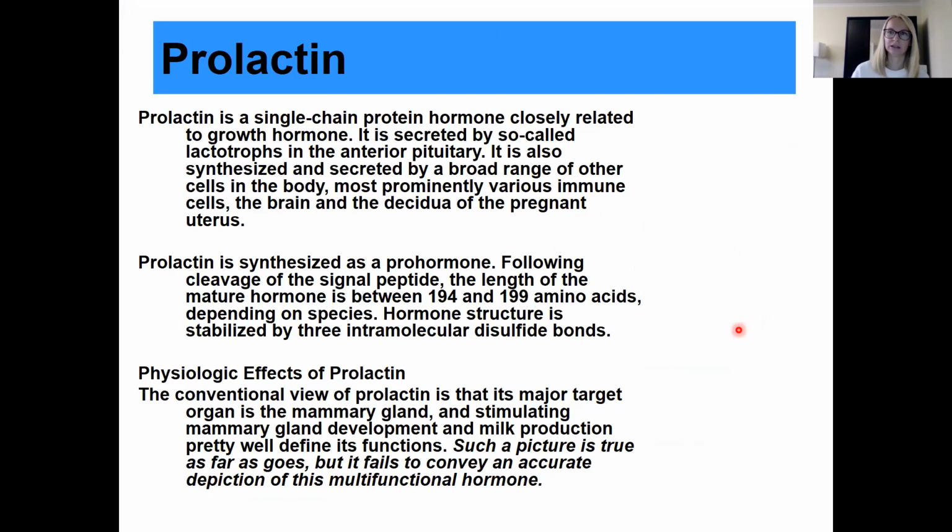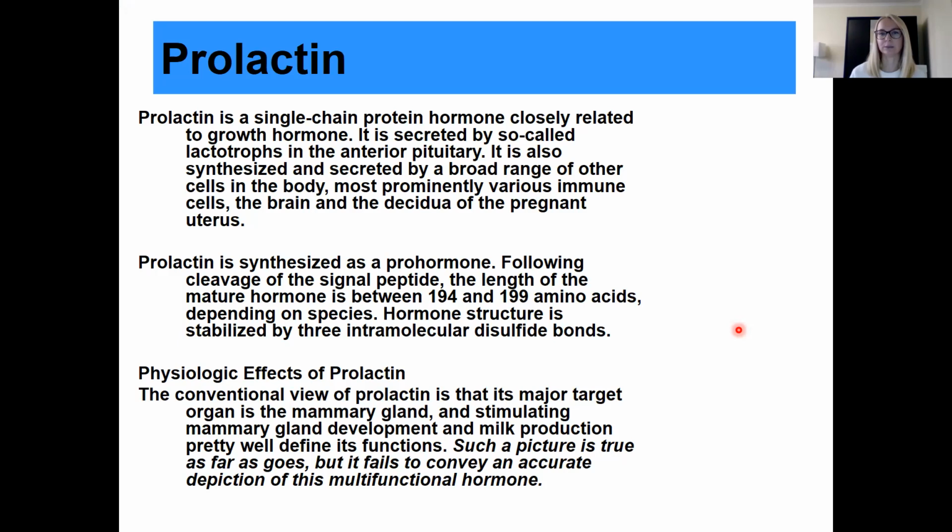The next hormone, which is synthesized from the pituitary gland, is prolactin. Prolactin is a single-chain protein hormone closely related to growth hormone. It is secreted by so-called lactotrophs in the anterior pituitary. It is also synthesized and secreted by a broad range of other cells in the body, most prominently various immune cells, the brain, and the decidua of the pregnant uterus.